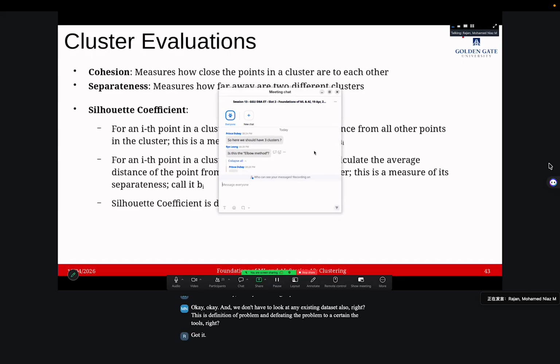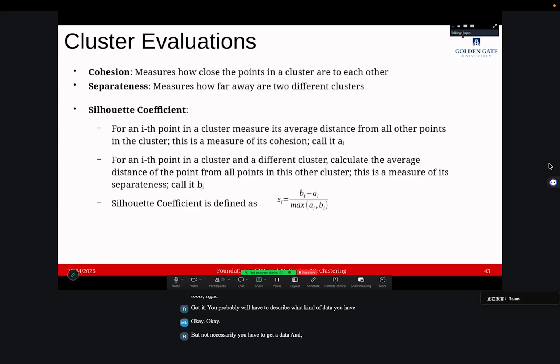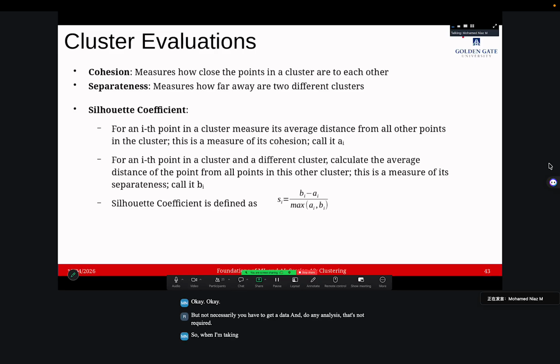You probably will have to describe what kind of data you have, but not necessarily get a data and do any analysis. That's not required. So when I'm taking a problem from my own domain and describing what kind of variables I'm having, I don't have to provide a sample data of that, right? I can describe the problem nature and the kind of variables I'm taking.